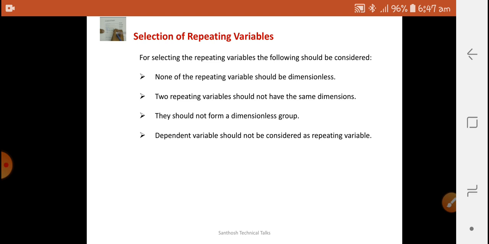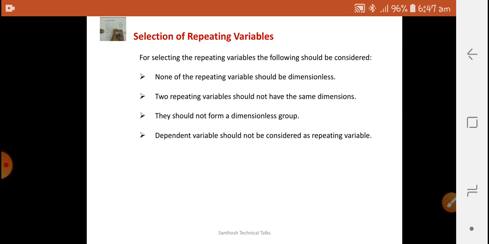Dimensionless numbers, like Reynolds number and Mach number, we cannot take as a repeating variable. The two repeating variables should not have the same dimensions. That is, we have a length and we have a breadth. We cannot choose both as repeating variables, since any one can be a repeating variable.